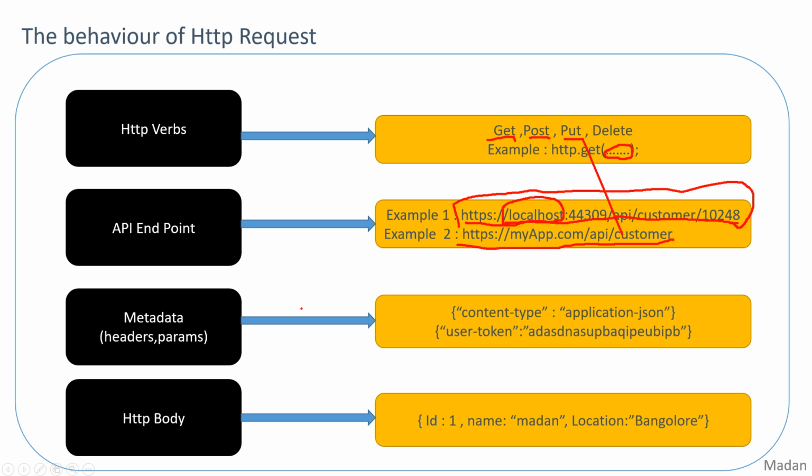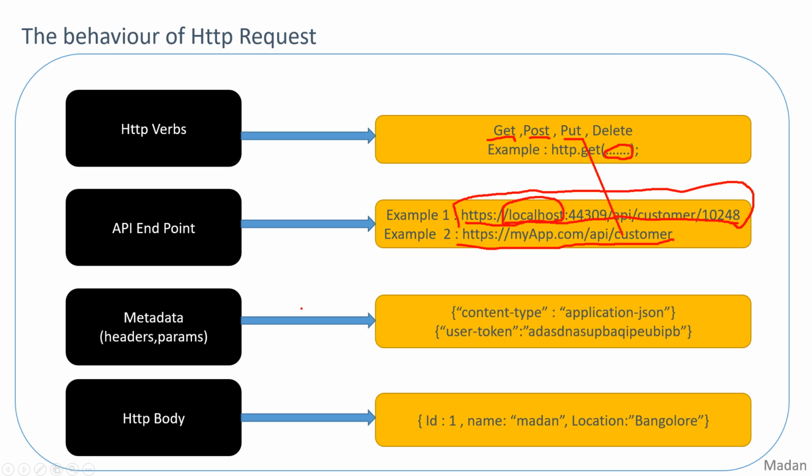In that situation, you have to maintain a kind of token for those authenticated users. And once you get the data from the API, which kind of data do you want, whether JSON format or text format. All these activities we can do by using the metadata of the HTTP service.